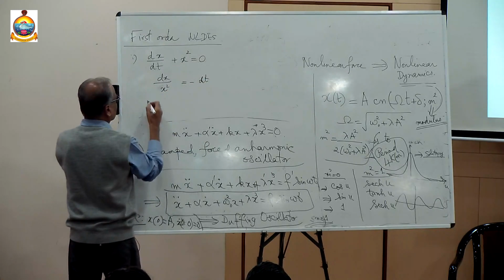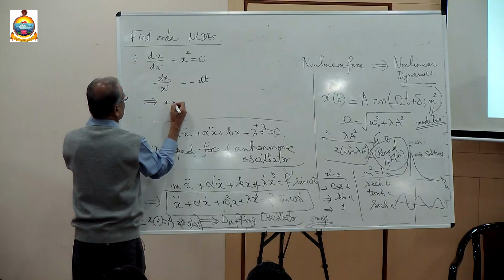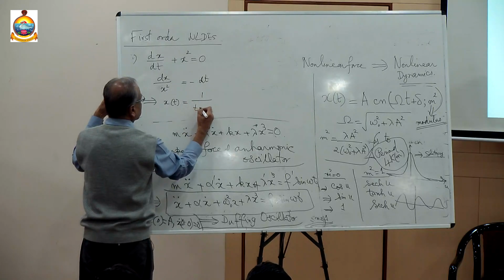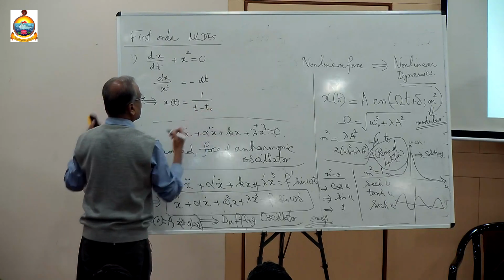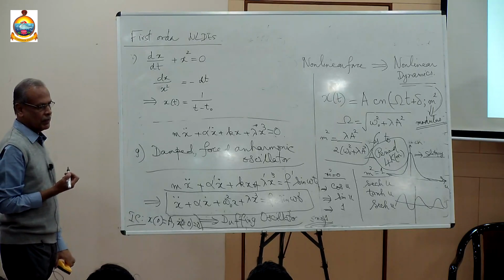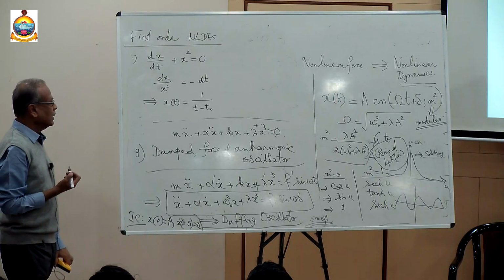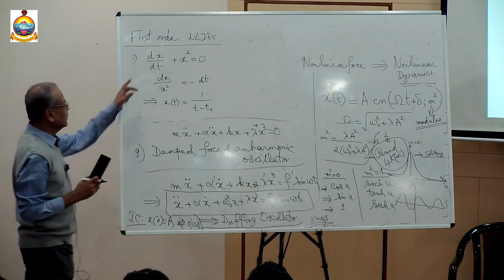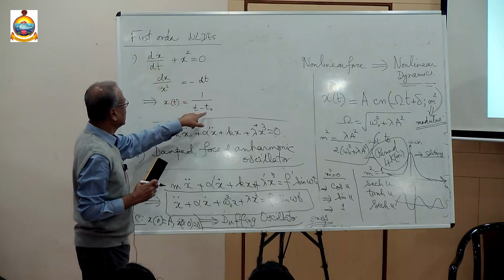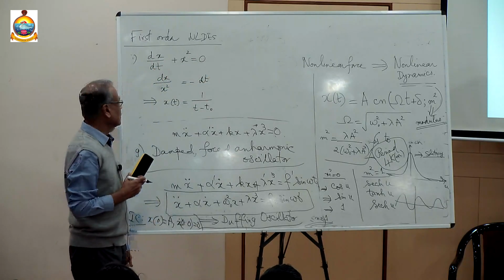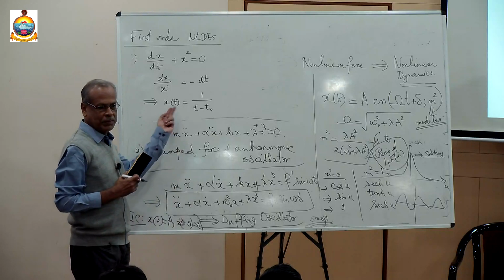So you solve this, x of t equal to 1 over t minus t naught. Is that okay? Just differentiate and you will have minus 1 over t minus t naught square, so that will satisfy it.